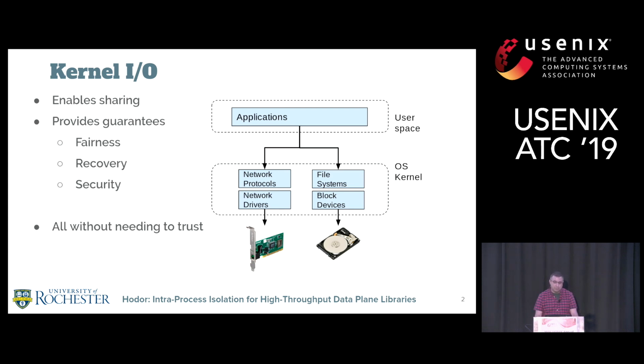These policies might, for example, prevent an application from monopolizing the device, protect applications from corrupting each other's data, and recover the state of the application after a power failure. The OS is able to provide these guarantees without needing to trust the applications, since it is protected from malicious or buggy applications through user kernel isolation.